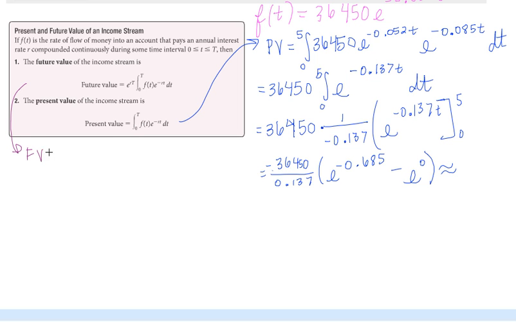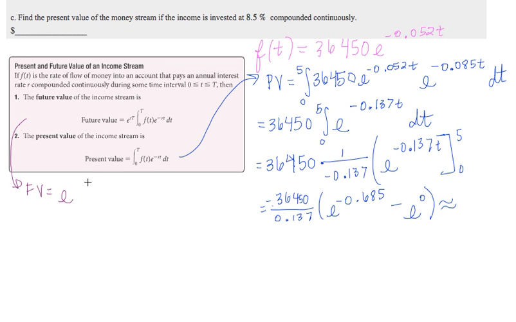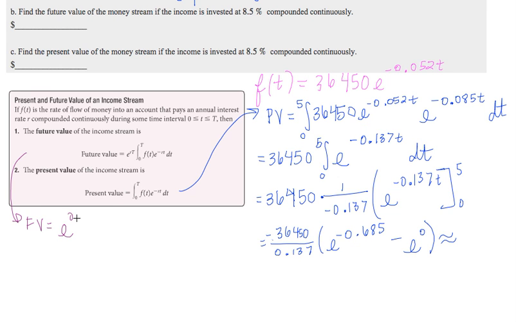So the future value of the annuity is equal to e to the rate it's being compounded at, we're still at 8.5%, so positive 0.085, that's the interest rate r, times capital T, so times 5, times the integral from 0 to 5 of the rate, f of t here, 36,450 e to the negative 0.052t, times e to the minus rt, so times e to the negative 0.085t dt. Now you'll notice this is the same integral that we just computed, actually.